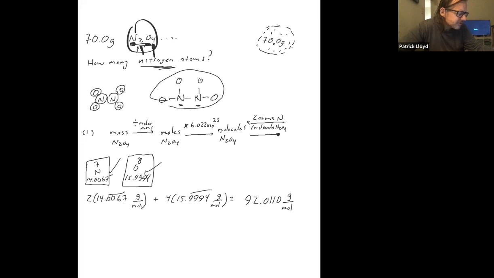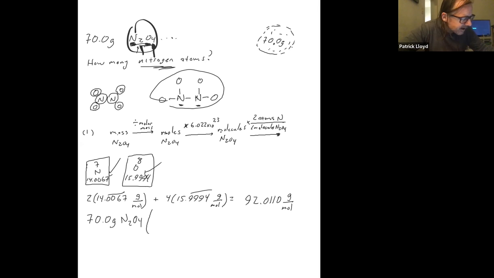Now, what I said was, if you want to go from mass to moles, you divide by the molar mass. So let me show you how I do that. We've got 70.0 grams of N2O4. Notice I'm going to be really careful here about putting the units in, very explicitly: number of grams of N2O4. Divide by the molar mass. Now, let me show you why it's divide.